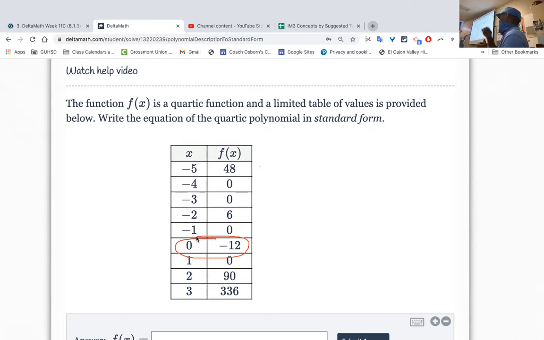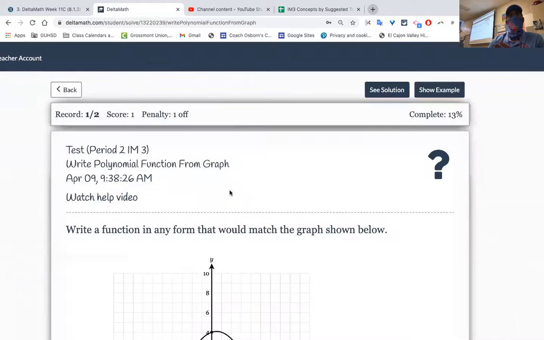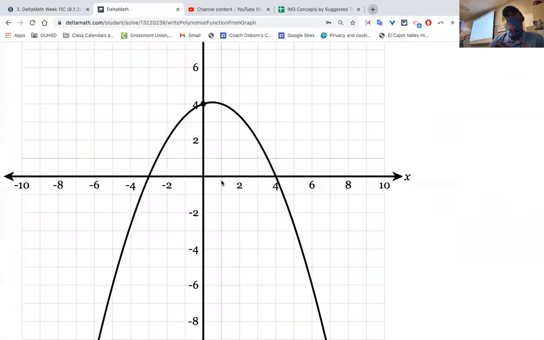Okay, so remember, if it's on the x-axis, let's say it's at 2 on the x-axis, that means the x value is 2, right? But if it's right in the middle of the graph, for instance, let's go to the last assignment right here. This one, where you had to just look at the graph, right?